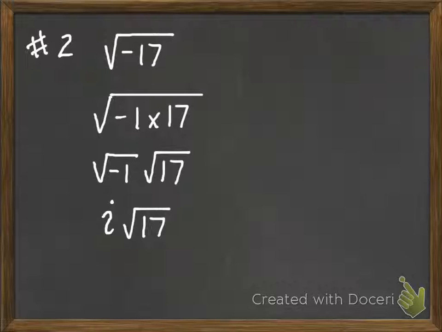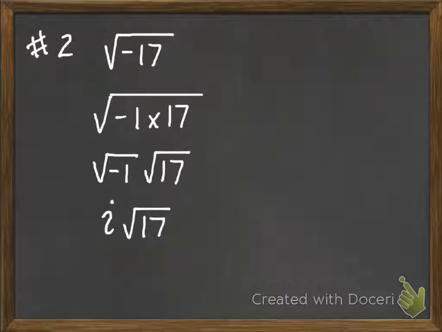And the square root of negative 1 is i. And although we cannot square root 17, we can just leave it in the radical sign. That is more accurate than if we square rooted it to get a decimal. So our answer is i times the square root of 17.